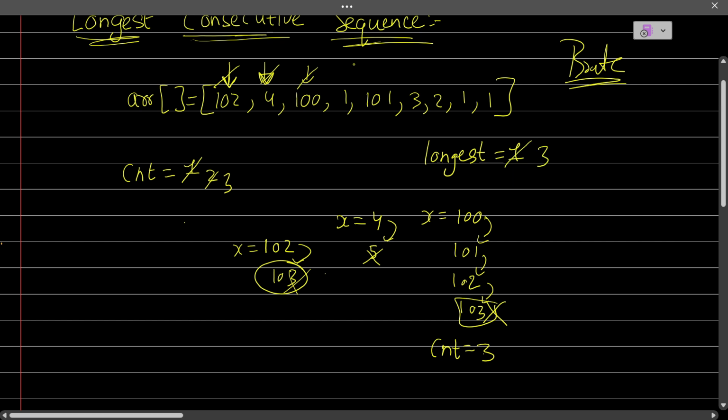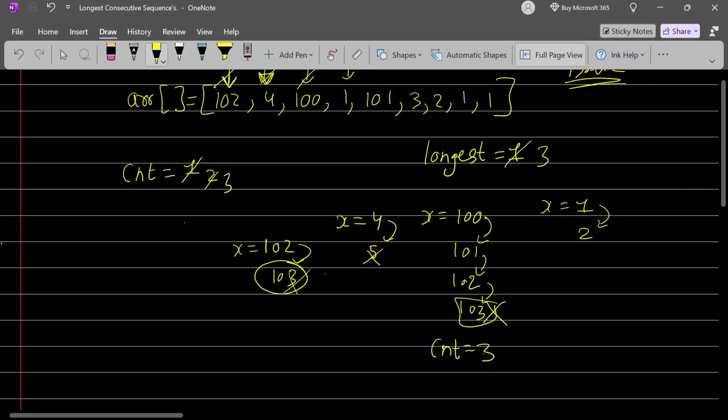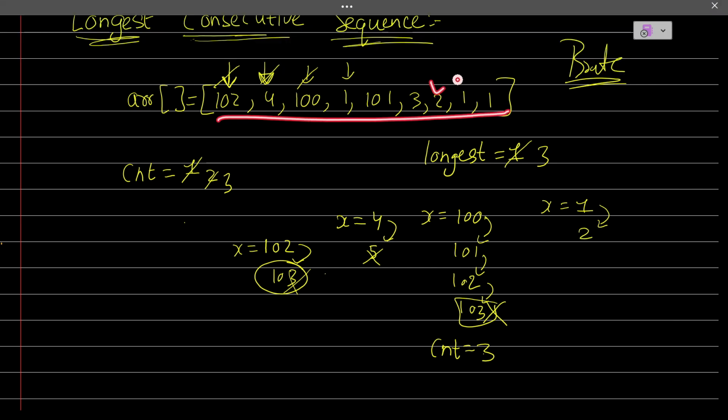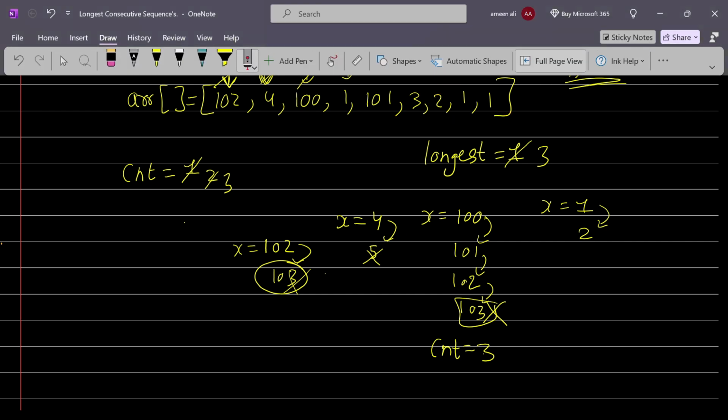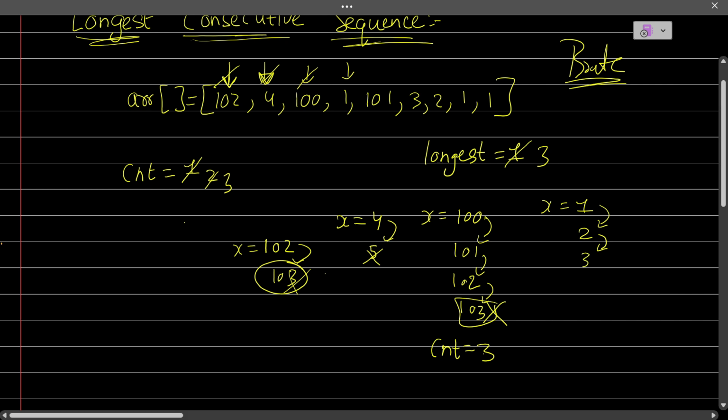Okay, then I move. I've got 1. Now x will become 1. Then the next element I look for is 2. Is 2 there in the given array? Yes, there is 2. We find this using linear search. Then I look for 3. Yes, 3 is there. And I look for 4. Yes, 4 is there. And I look for 5. No, 5 is not there in the array.